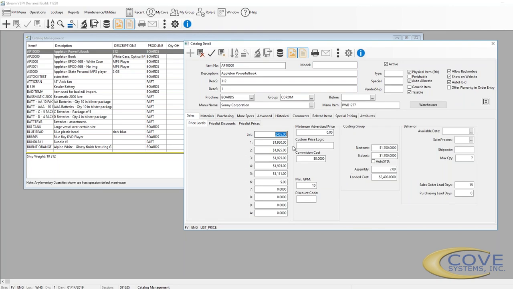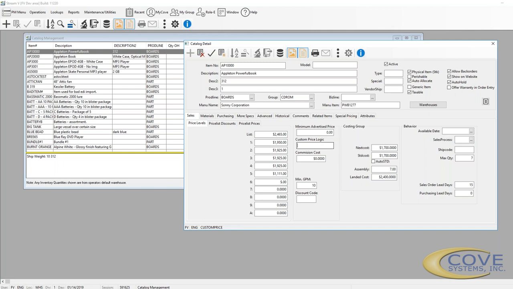You have the list price, which is normally your retail price. And then you have, in some industries, a MAP price, which is the minimum advertised price. That's a price that you use to share with your dealers, saying, don't advertise it below this price.